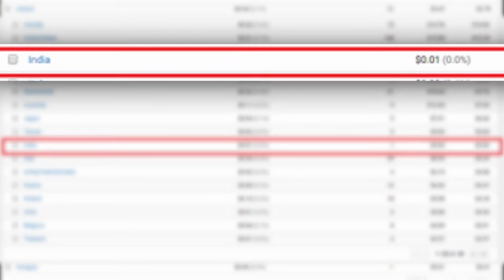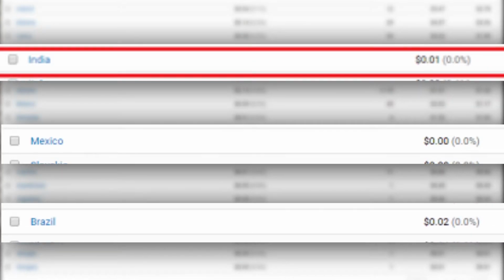On the other hand, for most countries in Africa, and countries like India, Mexico, Brazil, advertisers are not likely to pay that much for their adverts to be seen by viewers from countries like that. That really plays a bigger role.